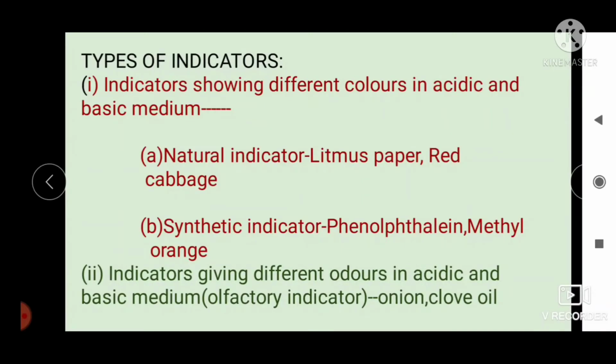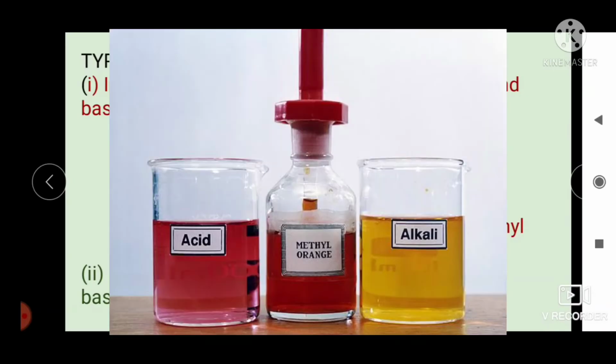The neutral color of methyl orange is orange. Methyl orange gives red color in acid solution, and yellow color in basic solution.